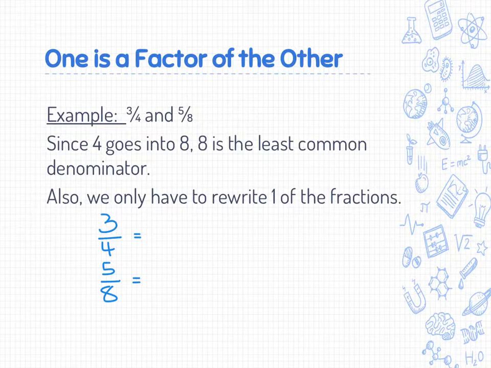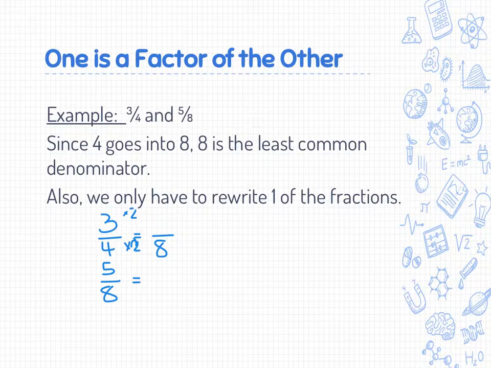So here I have 4 goes into 8 evenly, so I'll rewrite that with an equivalent fraction. I know that I multiply 4 times 2 to get 8, and the rule is whatever you do to the bottom, you do the same thing to the top.